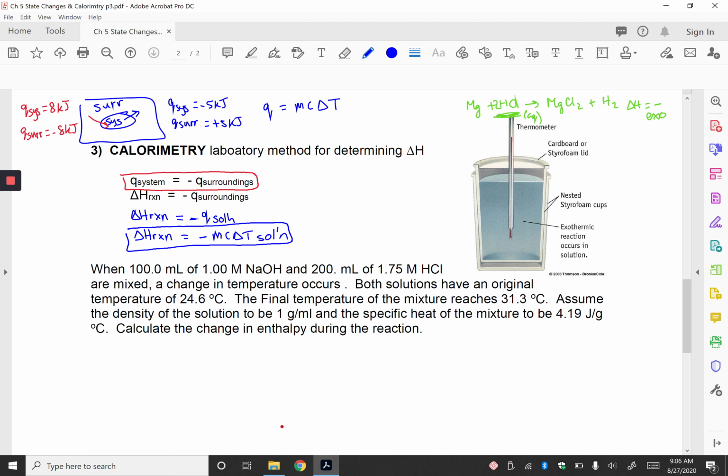Just a side note, we can also split up both sides into MC delta T. So I can say, I'm going to write it here, MC delta T for my system is equal to negative MC delta T for my solution or surroundings. I'm actually going to say surroundings in general.